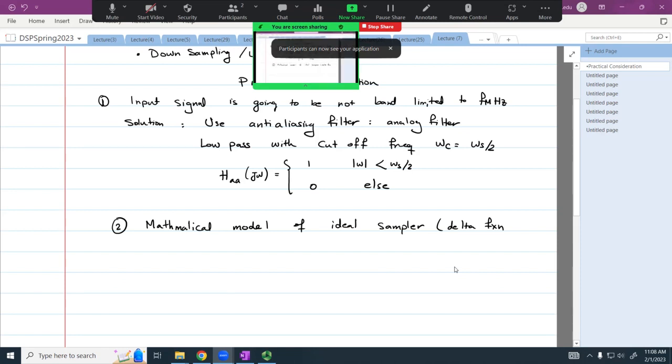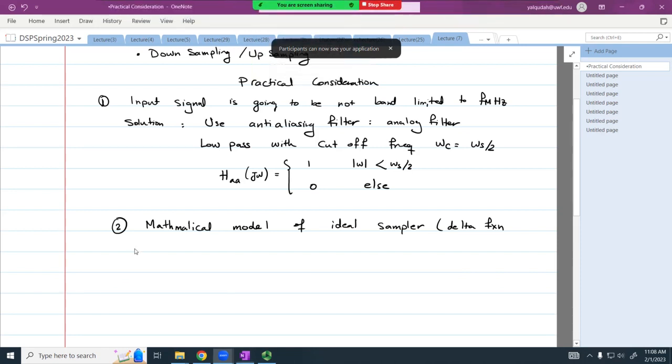So the ideal sampler, the delta function pulse train, is not practical, is not physically realizable.